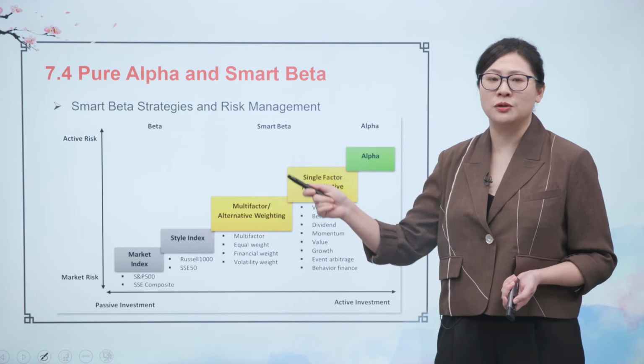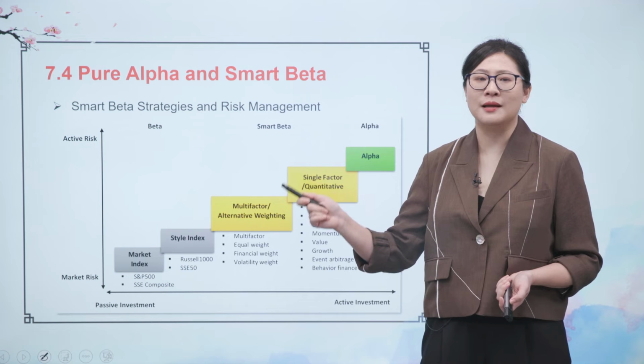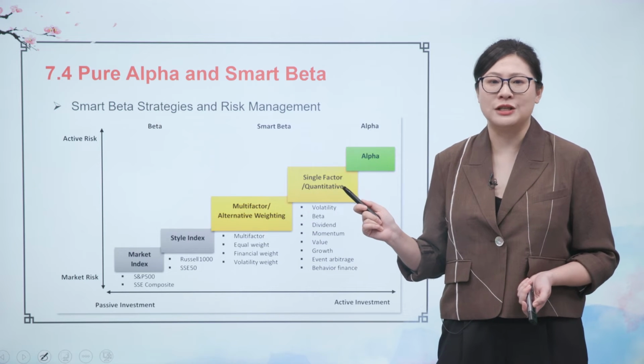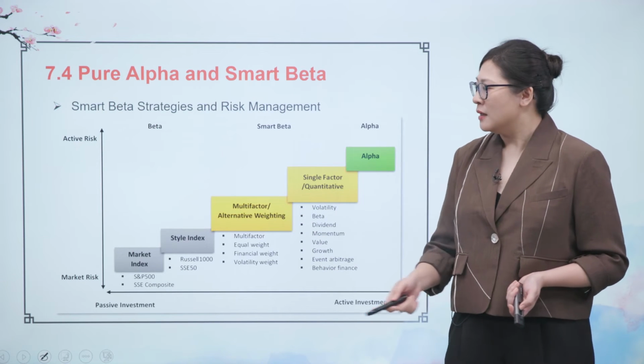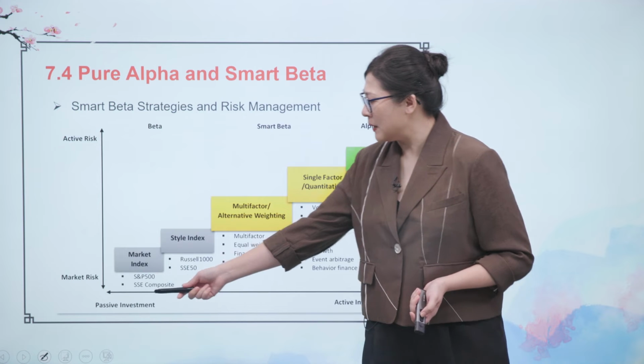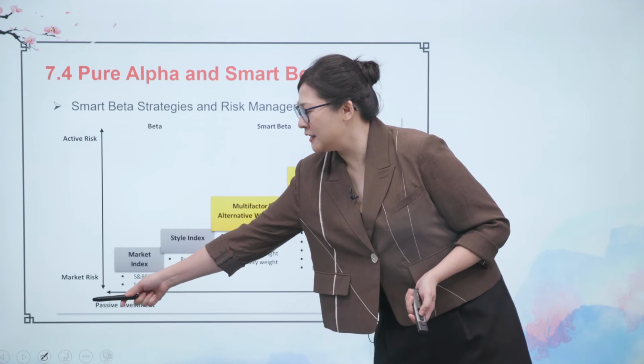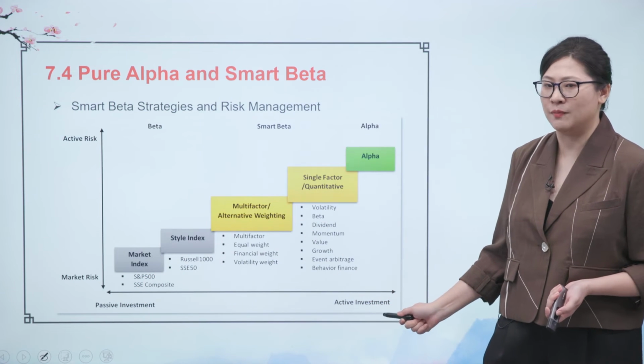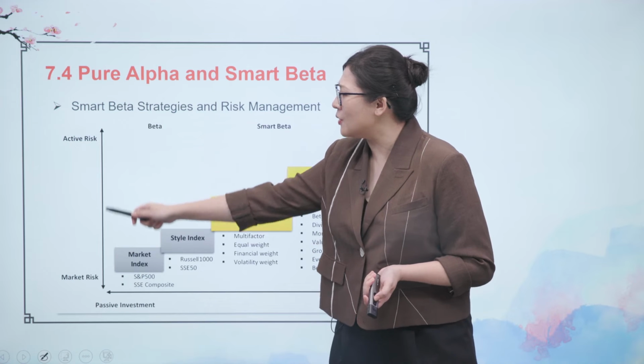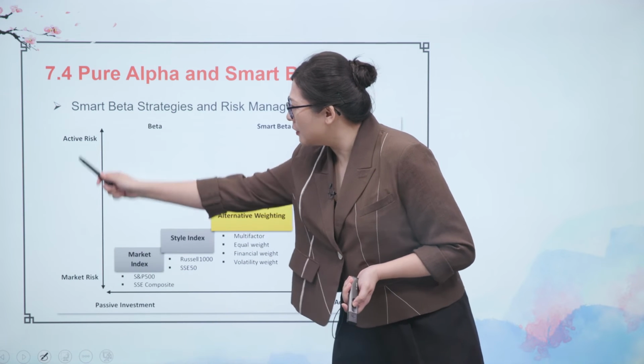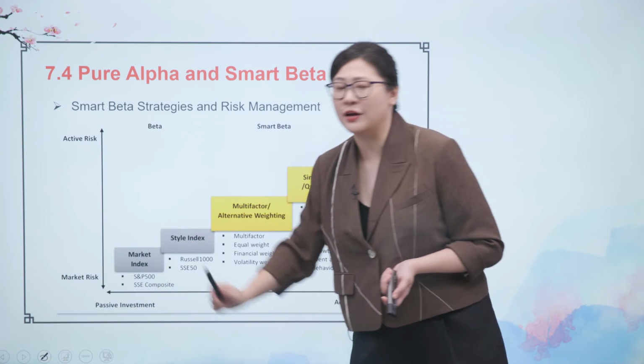Now let me show you this graph to analyze the smart beta strategy and risk management. The bottom shows passive management and active management. The horizontal axis is active risk and market risk.